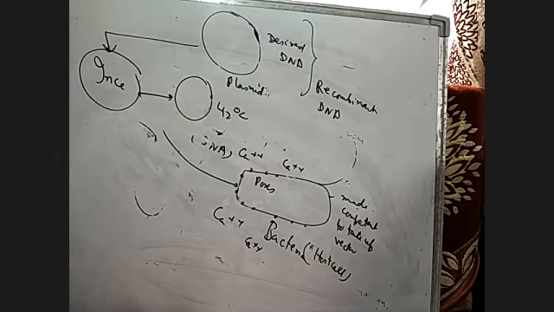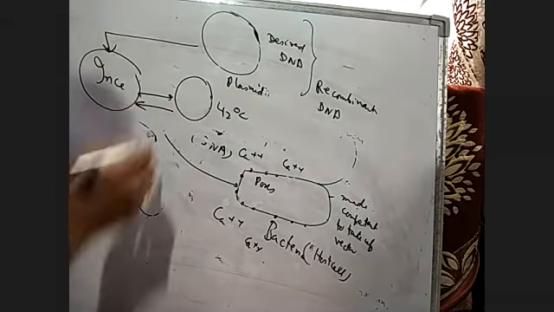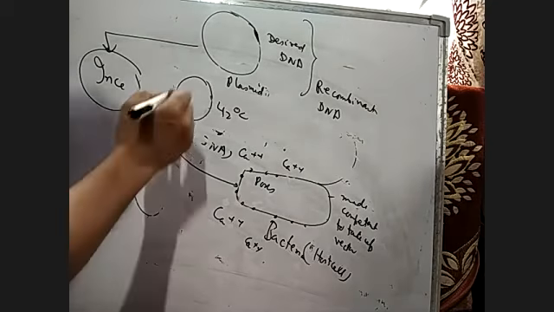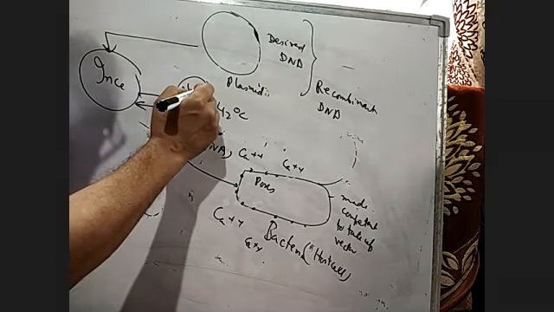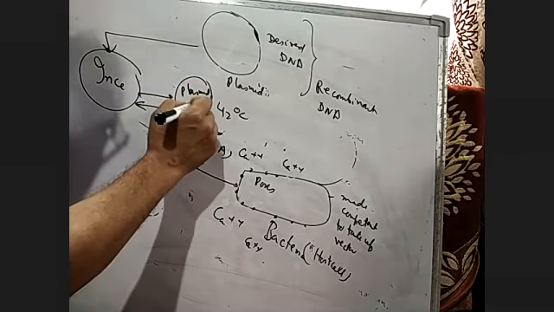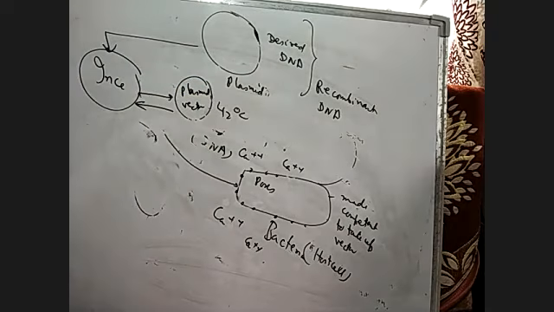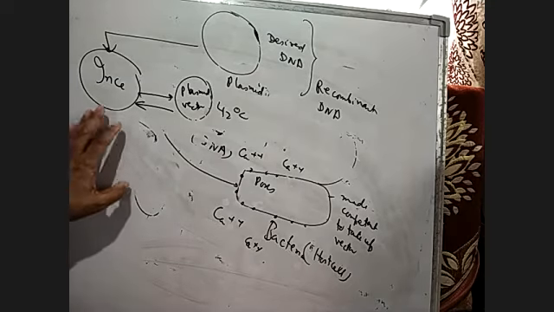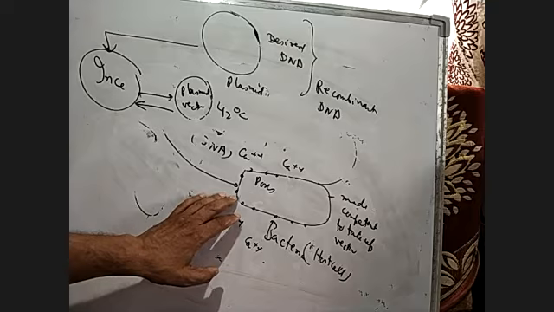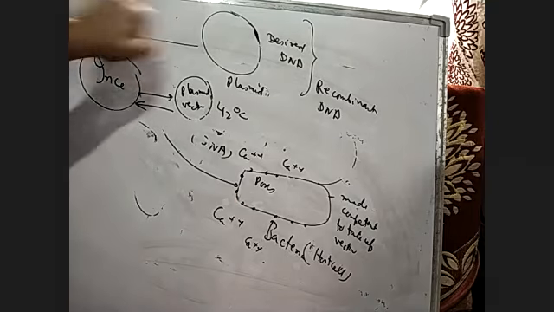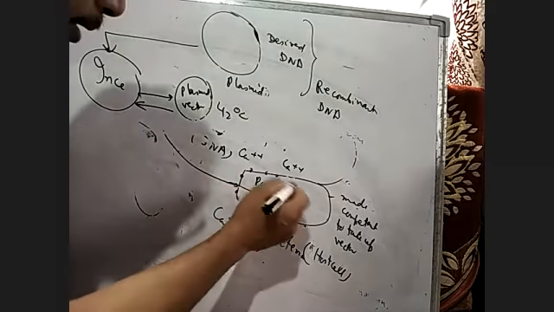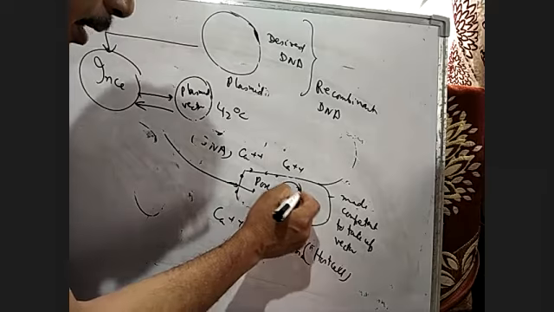Then again the plasmid vector is placed on the ice. This enables the bacteria to take up the recombinant DNA, and the recombinant DNA will enter inside it.